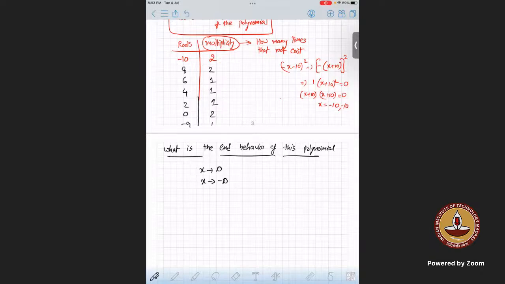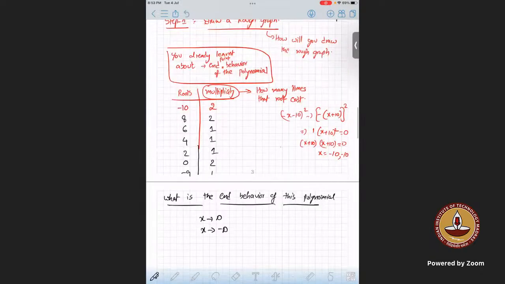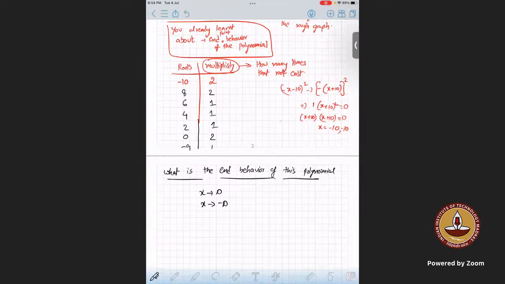No, leave the up, I mean upward or downward. If x tends to infinity, what will I get? And if x tends to minus infinity, what will I get? Okay, if x tends to infinity, you'll get infinity only. Whether it is plus infinity or minus infinity, that is my question.